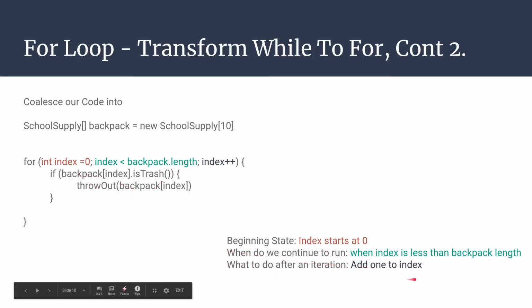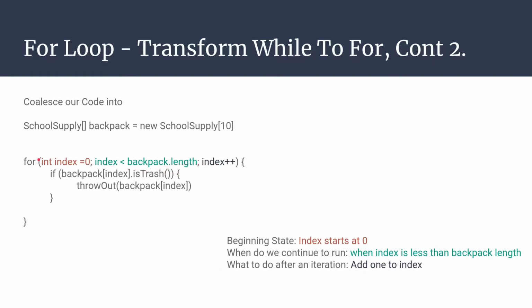So these are color-coded here, but basically I've color-coded the syntax to its step or information we know. You see here we're creating an index and starting it at 0. We have a Boolean expression to know if we should continue to run. And we have this step here of adding 1 to the index at the end.